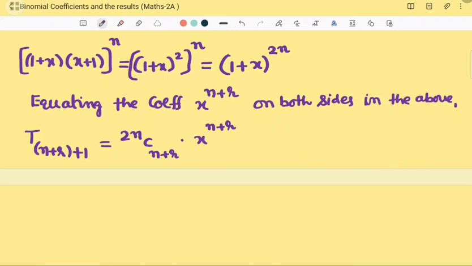Why? Because n is replaced by 2n here in the (1 plus x) whole power 2n expansion. So 1 power anything is 1 only. This is LHS I am writing. Similarly, RHS value I am writing. Observe carefully, dear students.